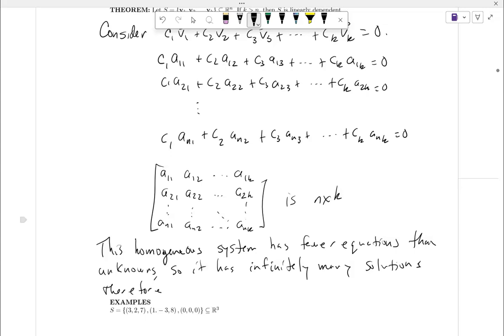Therefore, S is linearly dependent. Because again, the only solution must be all zeros if it's going to be linearly independent.